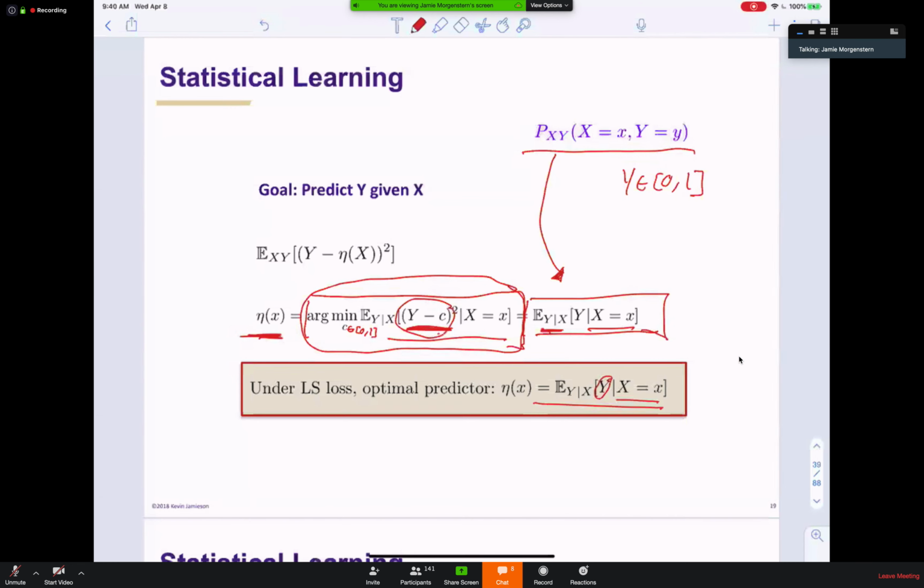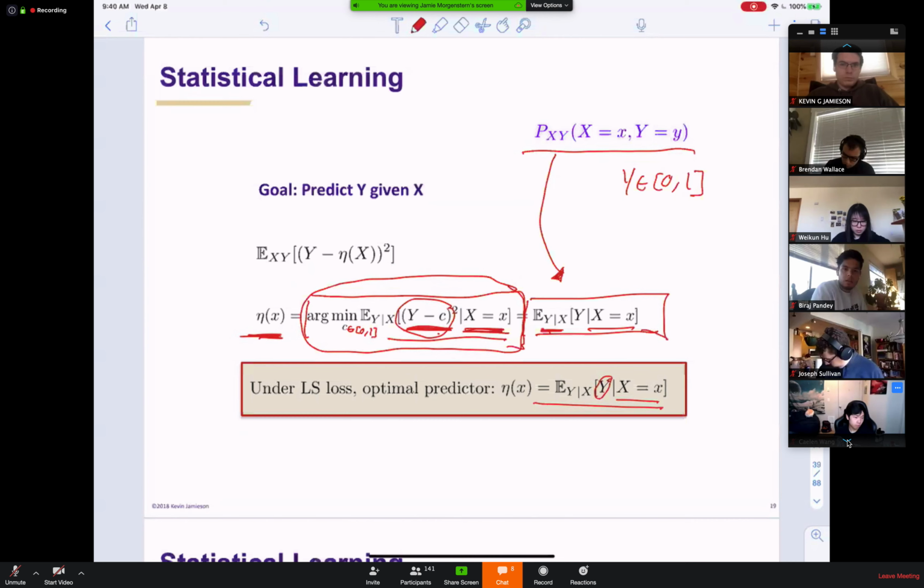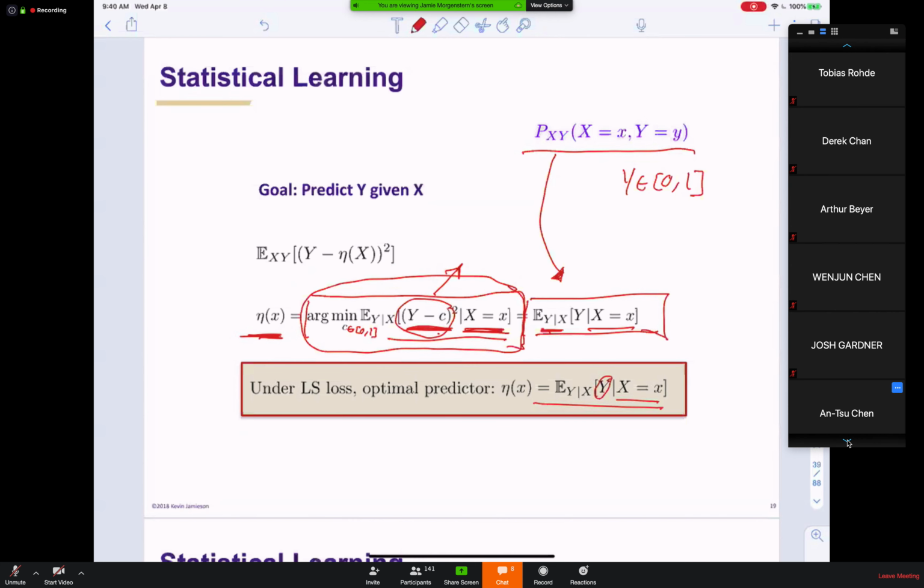Which means that we'll be able to minimize y minus c squared by setting c equal to y. And this is all conditioned on x equals x, which means the minimizer of this thing, which is just the squared error for a particular x, is c being equal to the expected value of y conditioned on x equals x.